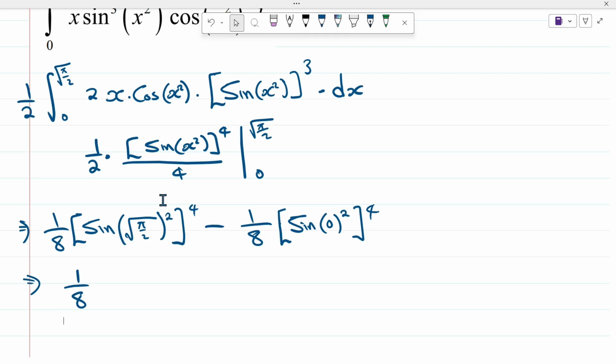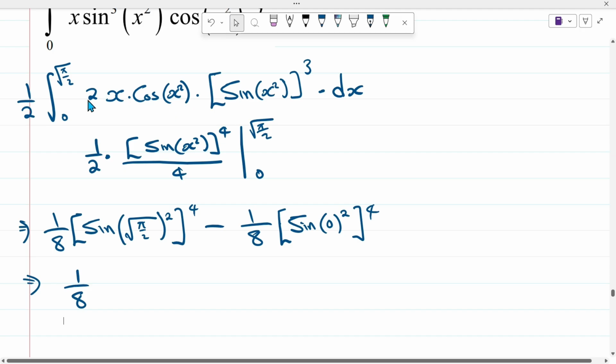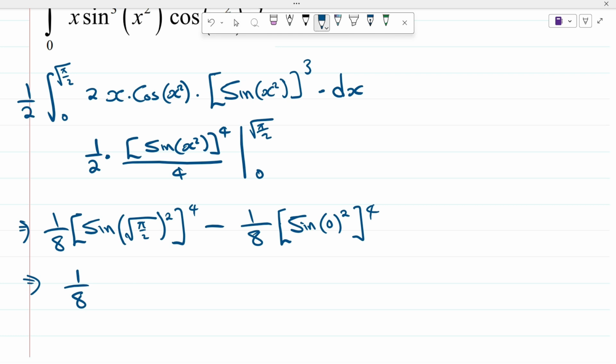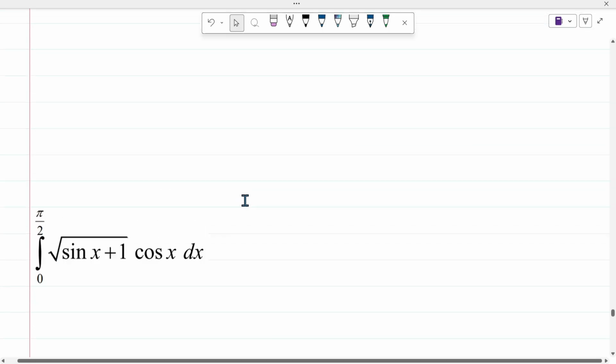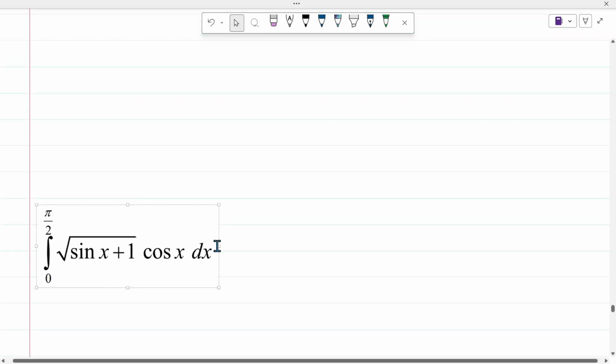Yeah, it is 1 over 8. The calculator verified that, so 1 over 8 is the correct answer. Let's continue and solve the following one. The following one that we have here is this one.